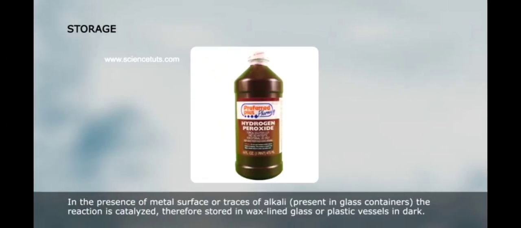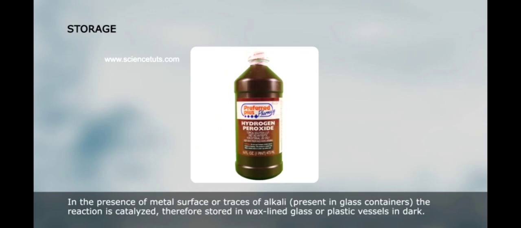The next is the storage. Hydrogen peroxide solution should be stored only in a glass stoppered bottle, and cork, rubber or metal should not be used for storing it as it will attack them. Plastic protected metal caps are used as stoppers, stored in light resistant containers in a cool place. It should not be stored for long periods.